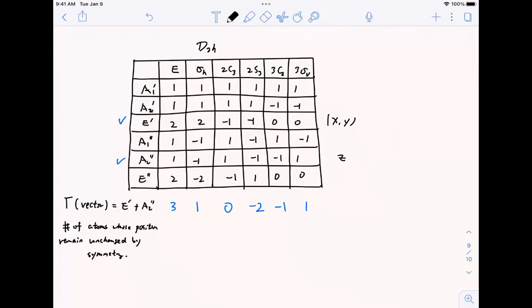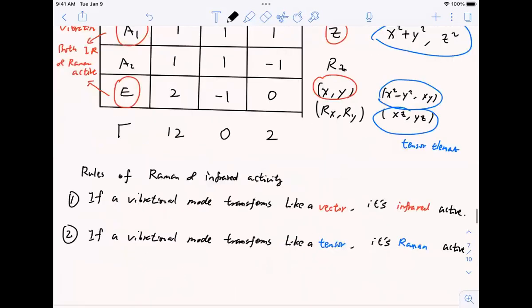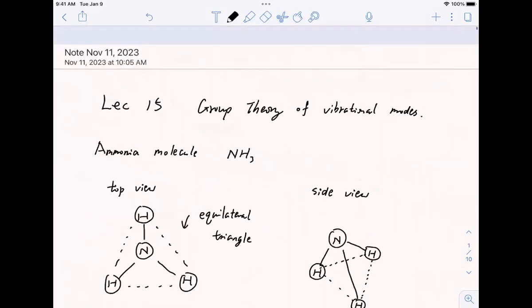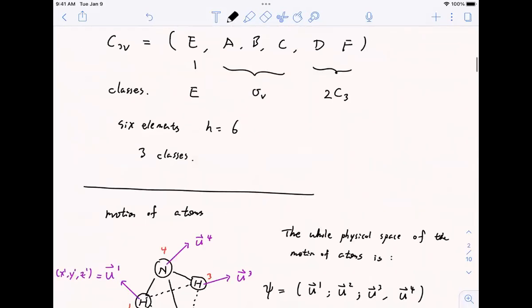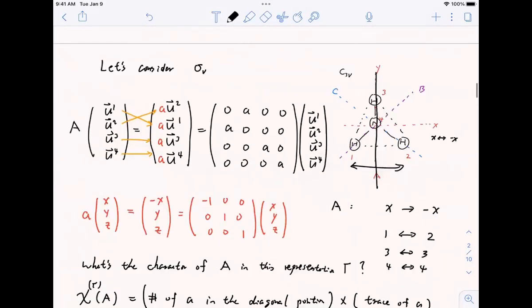So what do I mean? This means, let's go up, once you do the transformation, how many of these appear in the diagonal elements? That means when you apply the rotation, how many atoms remain unchanged, like they don't move to another position.